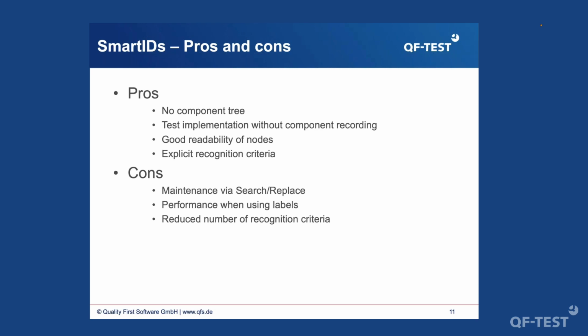The performance is more or less the same when you're using labels. As I said, it's sometimes hard to determine the label based on the application or how it is implemented. And also, I get a reduced number of recognition criteria, so I always need to make sure, for example, to at least put the class in front of it, because just writing hash OK will work in QFTest, but writing hash button double colon OK gives QFTest some more knowledge about the component.